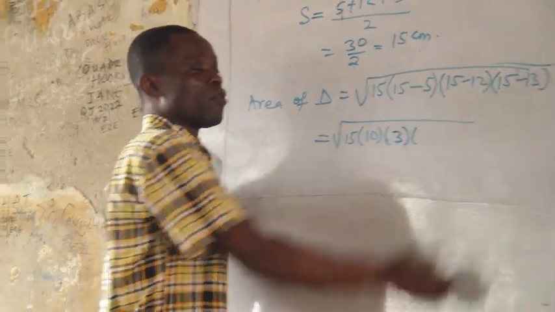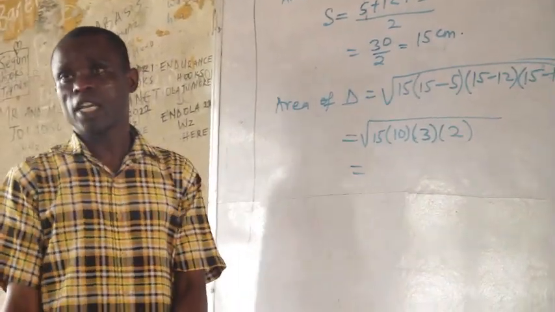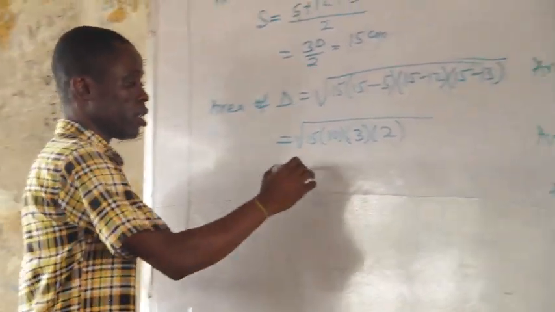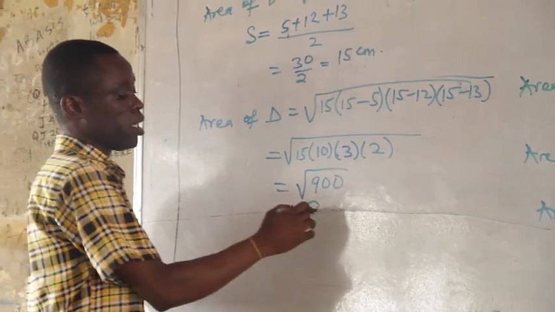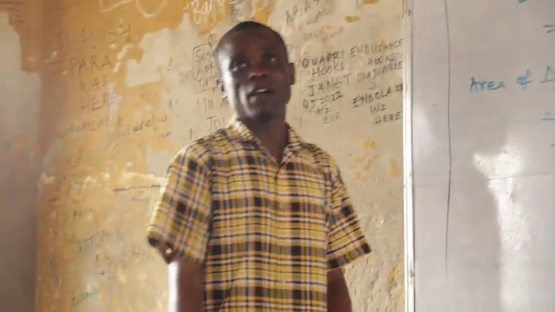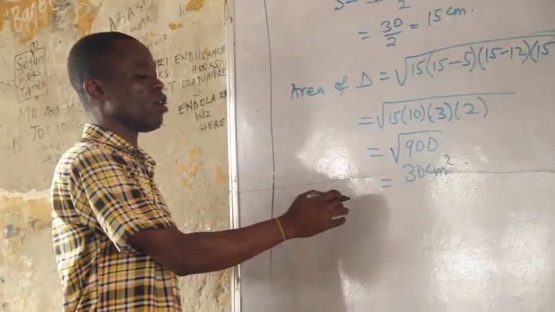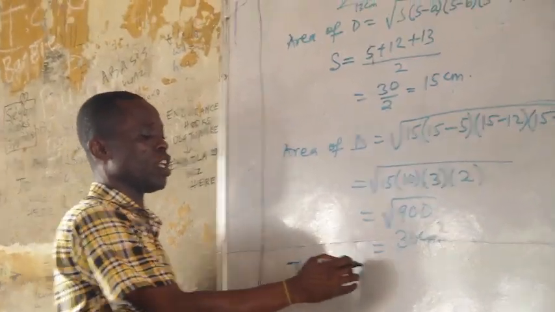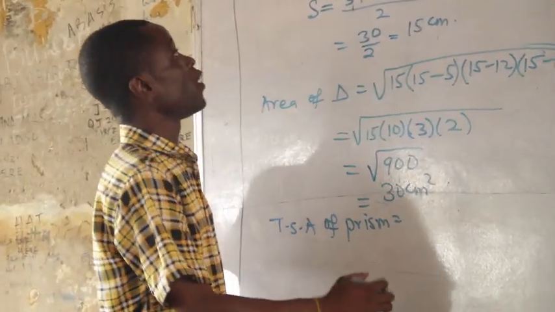And what's the difference between 15 and 13? 2. Now multiply everything together. 900. So what is the square root of 900? 30 centimeter square. So with this, one can now find the total surface area. Total surface area of that prism is now equals to area of A, which is what?